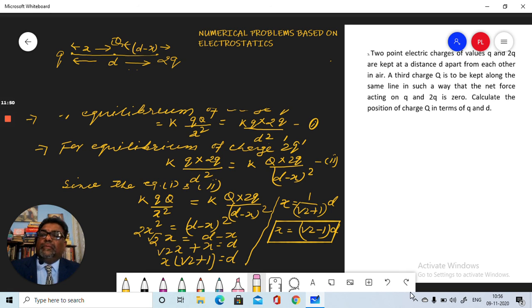From here you have got x is equal to 1 by root 2 plus 1 into d.